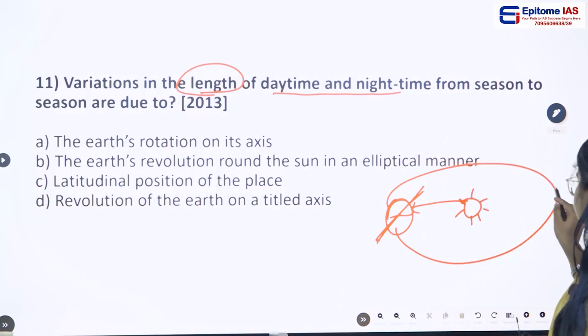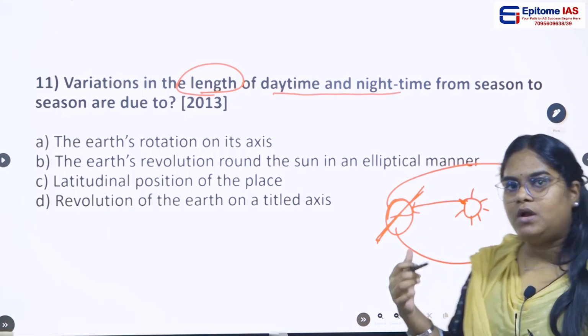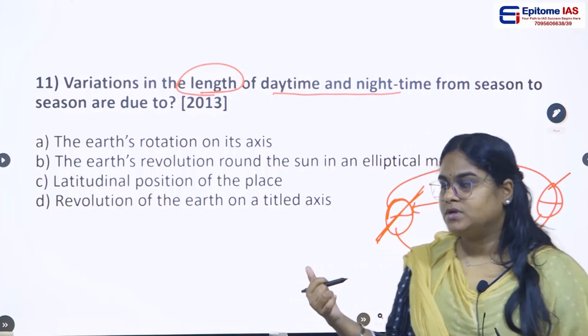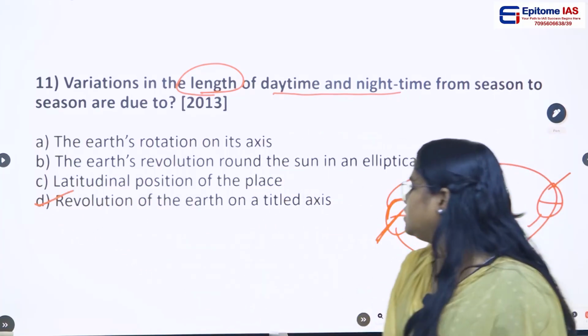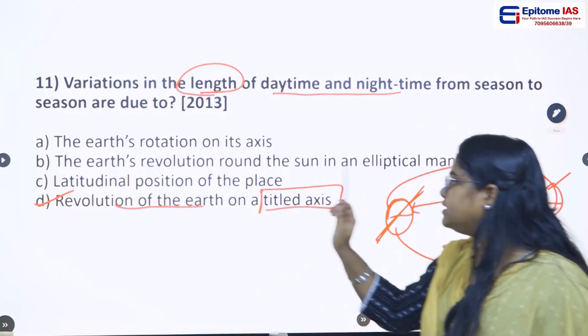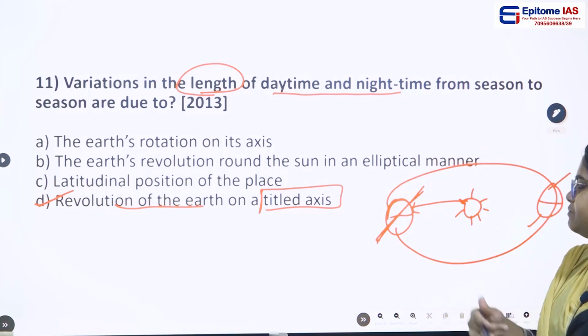But during the winter solstice, what will happen? We'll have a longer night in the north, and in the southern hemisphere they'll have a longer day. So what is the basis for this? The revolution of Earth and a tilted axis. Both these are the reasons for the variation in the length of daytime and nighttime.